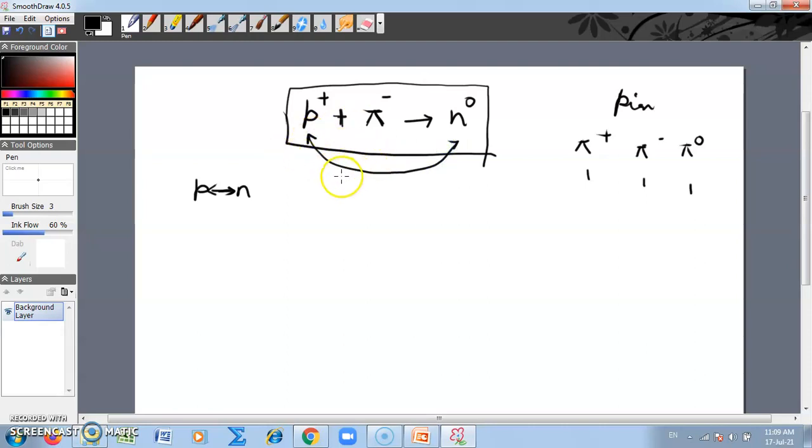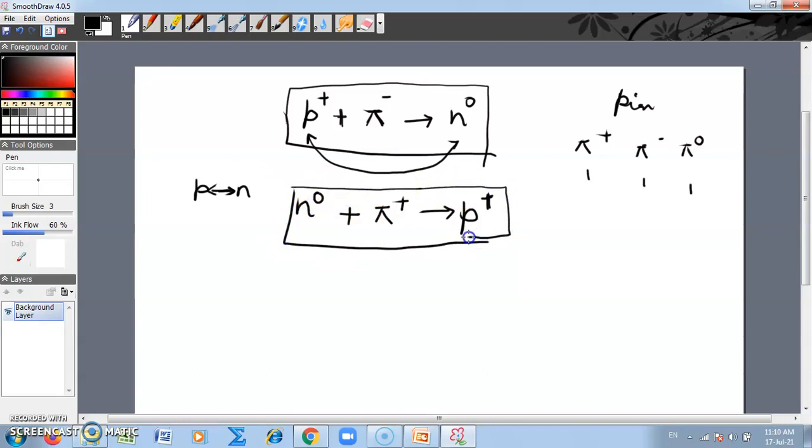That was what Yukawa proposed. It means that the proton sends a negative pion and becomes a neutron. And the neutron is like this, and this is the proton. So by continuously exchanging the pion, they maintain this attraction.